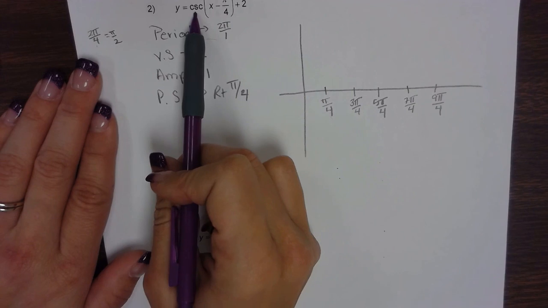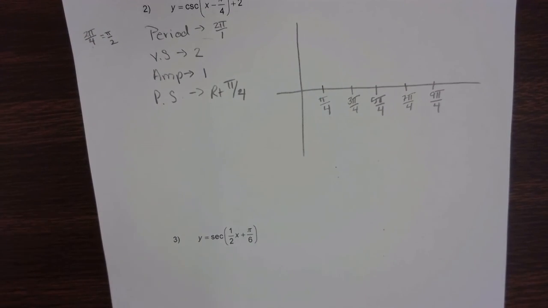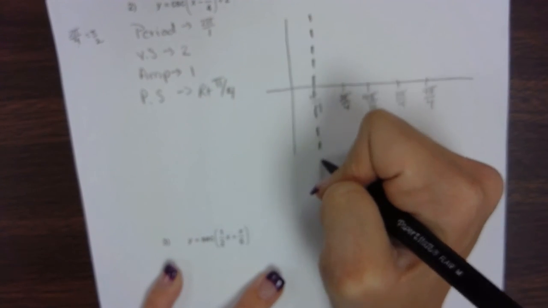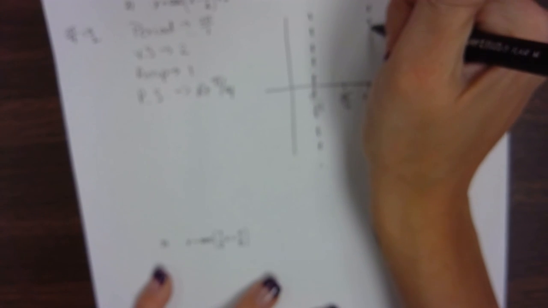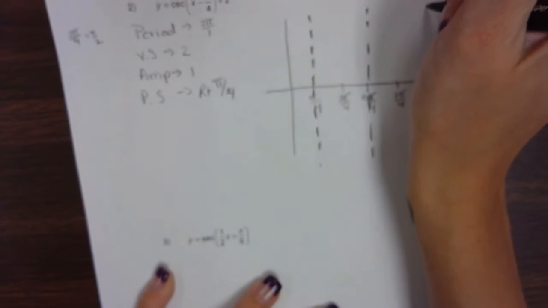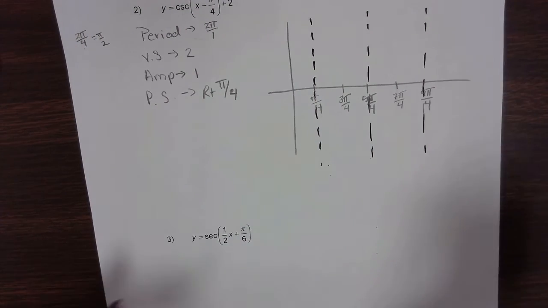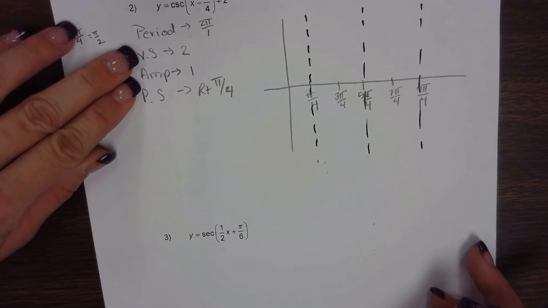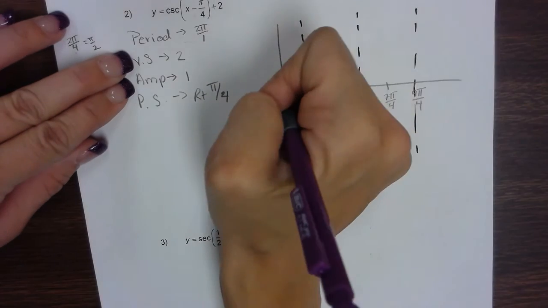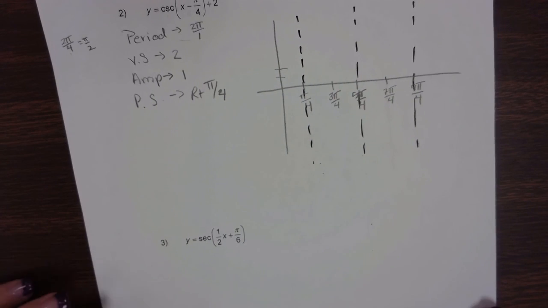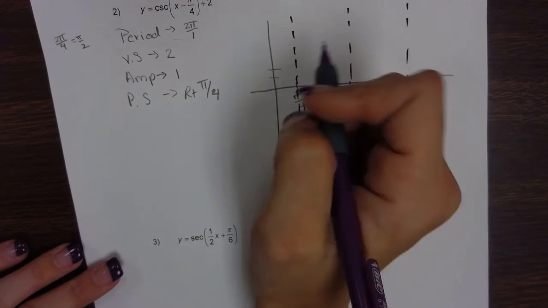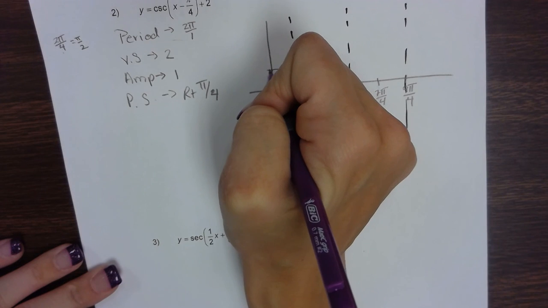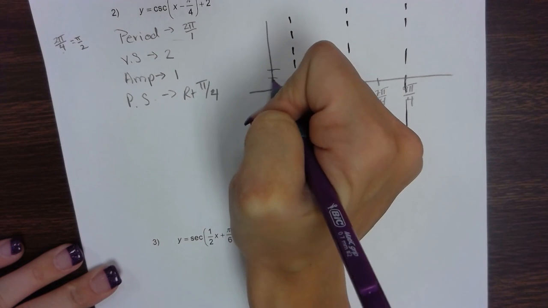Alright, this is cosecant, which means we start with an asymptote. So our pi over 4 is going to be an asymptote, which also means every other one is an asymptote. Now, be careful on the vertical shift and the amplitude. So the vertical shift is at 2, which means for our coordinates we have to go 1 above and 1 below.